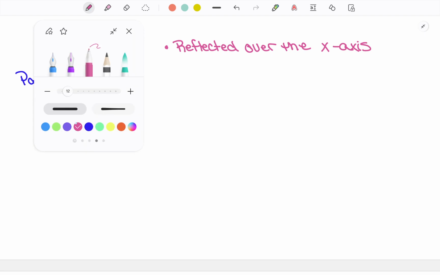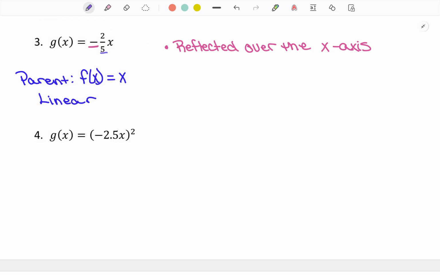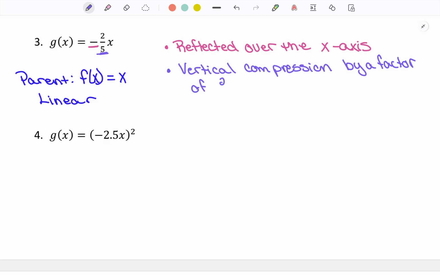And then that 2/5 is in front of the function and not in a grouping symbol, and so you have vertical compression by a factor of 2/5.